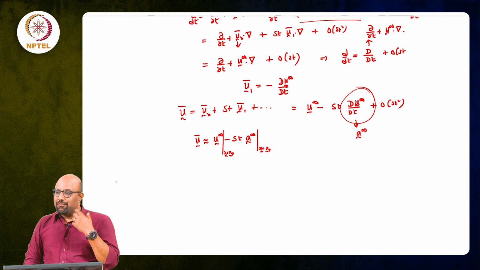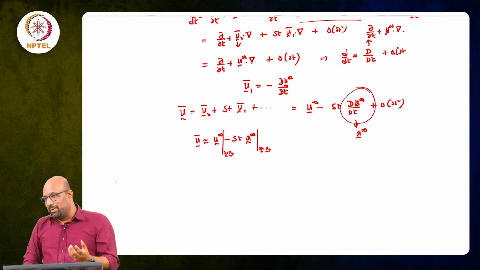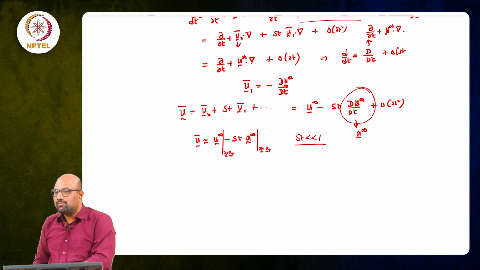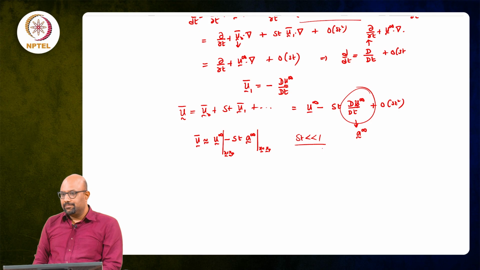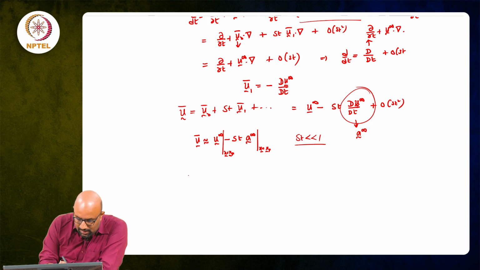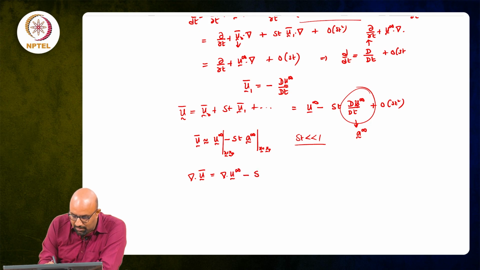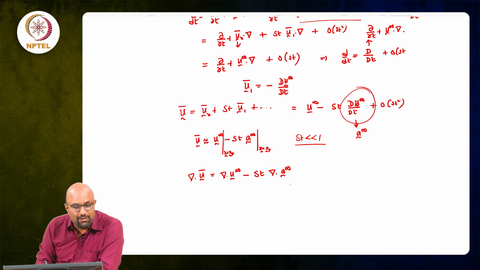Yes, so this is the first effect of Stokes number. Obviously what we are trying to do here is we are writing all of these things down when Stokes is negligible. So now if you treat this as a velocity field, this is the particle velocity field, this can be written as divergence of u infinity minus Stokes times divergence of a infinity.